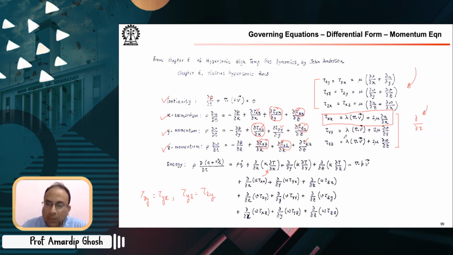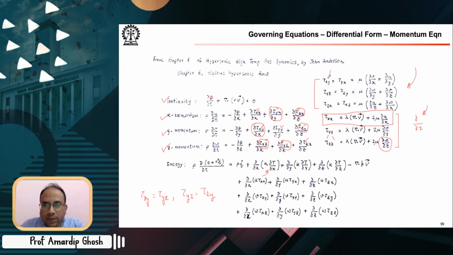So then tau yy similarly means the stress on the y plane in the y direction, and that again has a relationship with dv dy. Similarly, tau zz has something to do with the rate at which the w component is changing with z. I just talked about the shock wave being one of the examples. There are other examples as well.